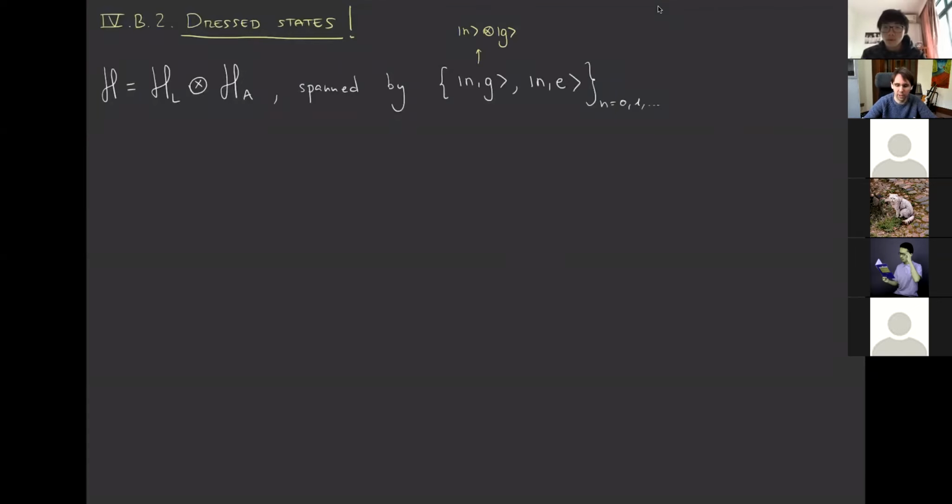Once we have a basis of the Hilbert space, we can think about representing the Hamiltonian and diagonalizing it. In particular, this is very simple for the Jaynes-Cummings model because of the following property.